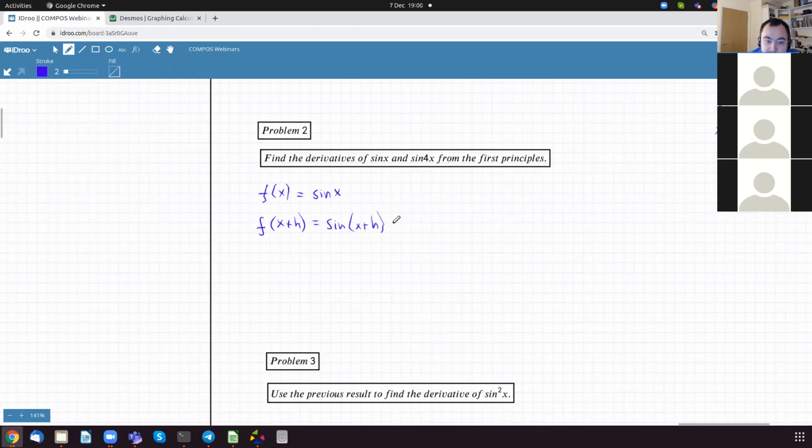And you already know that this can be written as sine x cos h plus cos x sine h. This is from the previous assignment.